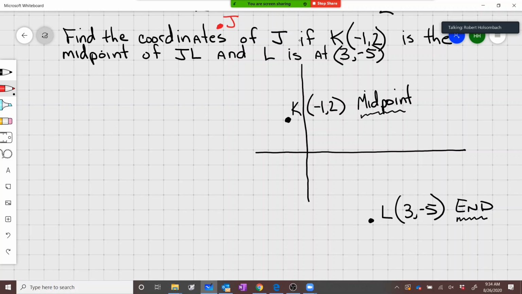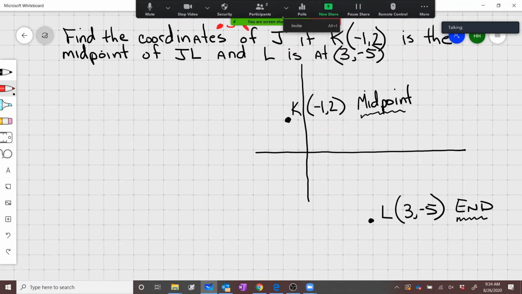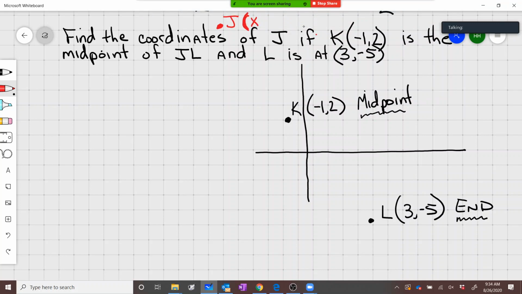What we need from J is its x sub 1 and its y sub 1. These values at K are x at the middle and y at the middle.